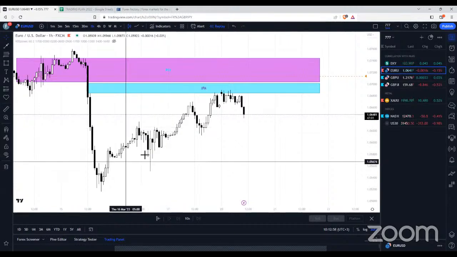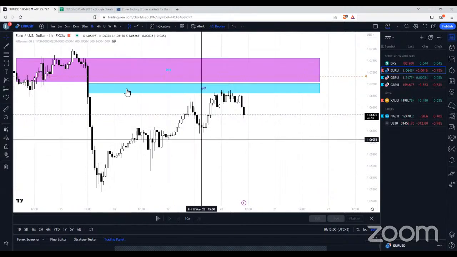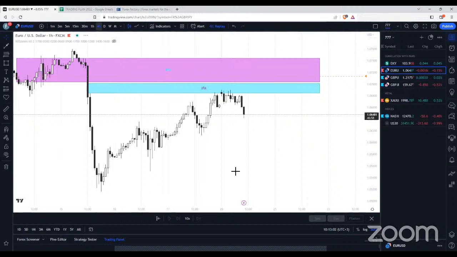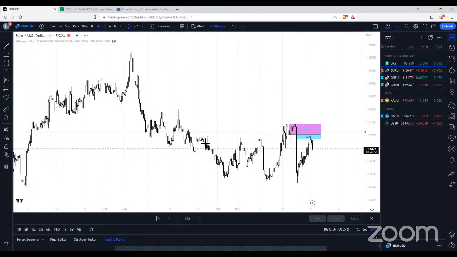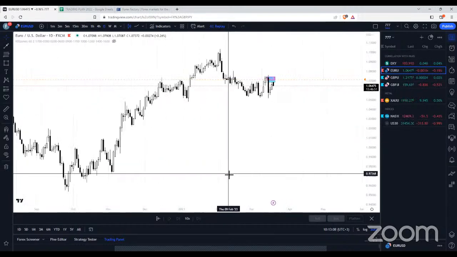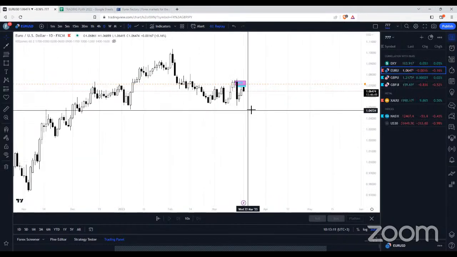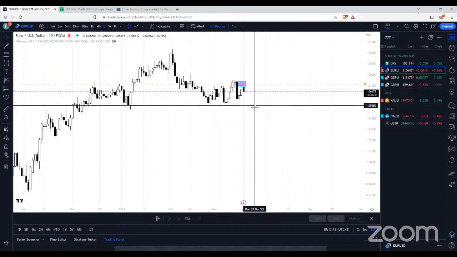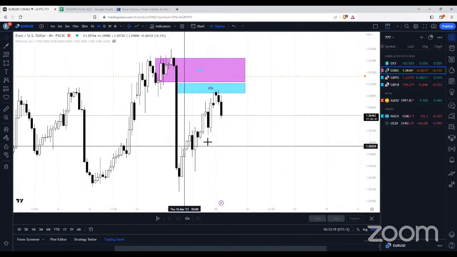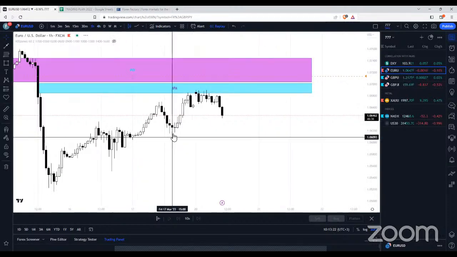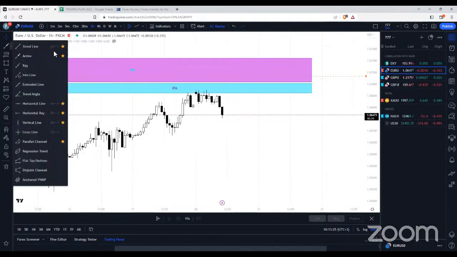So really, there's not many targets down below, unless we're looking further. If you're looking on the further end, we got some liquidity down here. We got some higher lows down here, right?